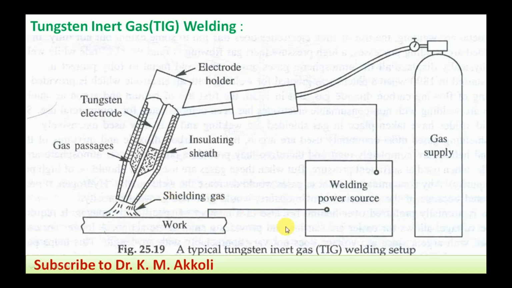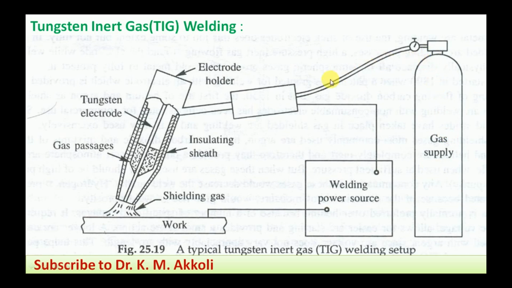Tungsten inert gas welding consists of a welding power source, similar to arc welding. One pole is connected to the workpiece, another pole is connected to the tungsten electrode. In the electrode holder, paths are provided inside to supply the inert gas from the cylinder.